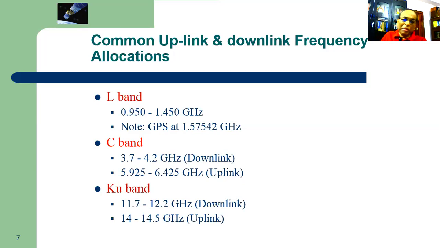So the C band, Ku band, and L band are very much popular bands. And out of these three, C band is the most popular and it is almost a used up band.